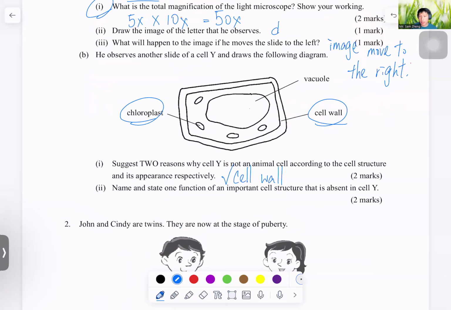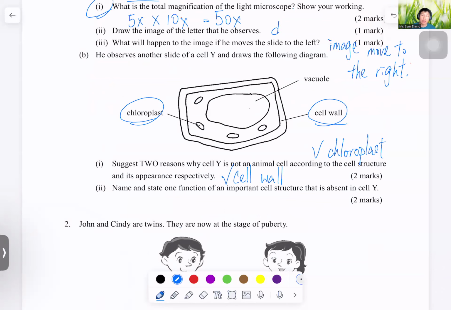Apart from that, it does contain chloroplast. The chloroplast contains chlorophyll, which is a green pigment.